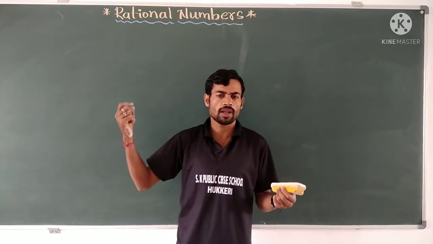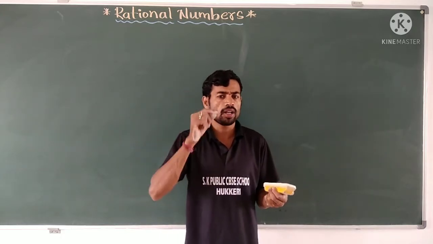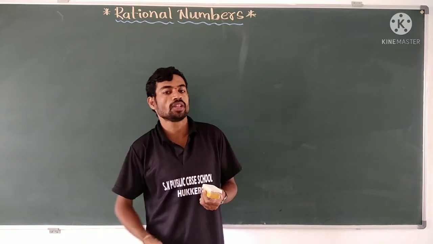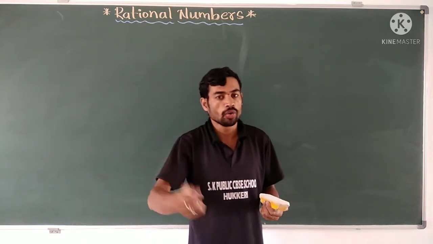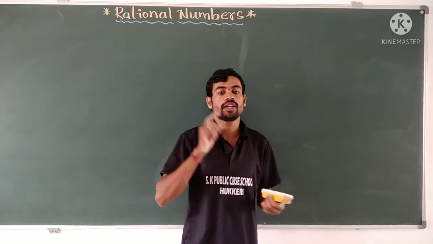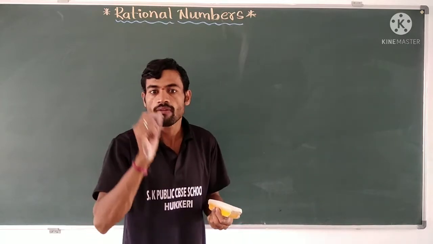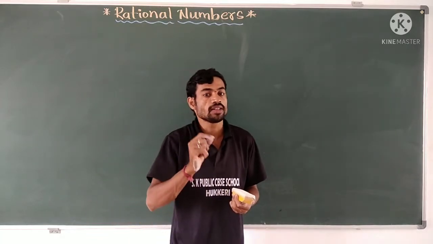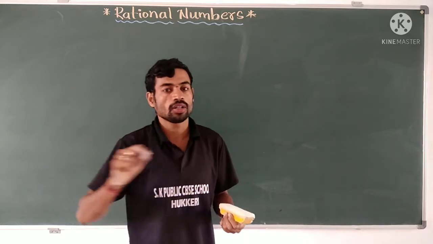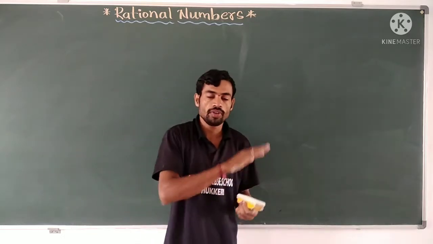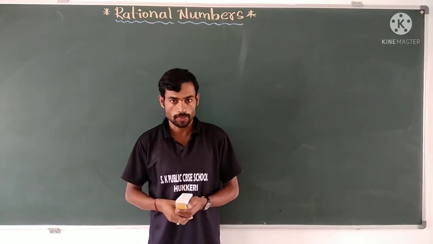Every real number can be represented on the number line. Every real number has its unique point on the number line. That is all we have to discuss in this chapter.